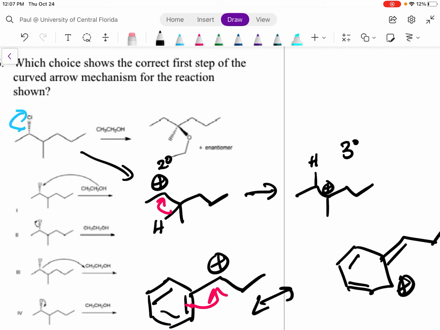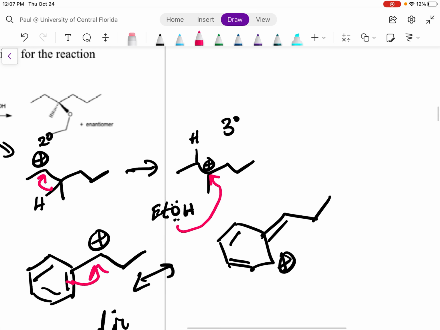And now our ethanol, which I'll just represent like this, Et for ethanol, can now come in and do our nucleophilic attack. And then we would have it look like this.